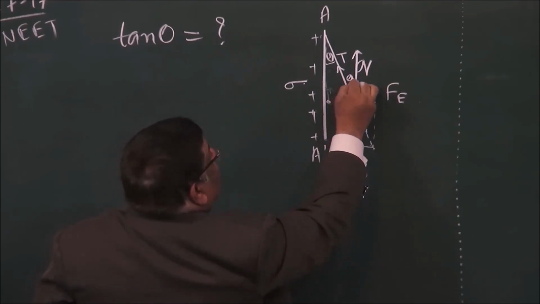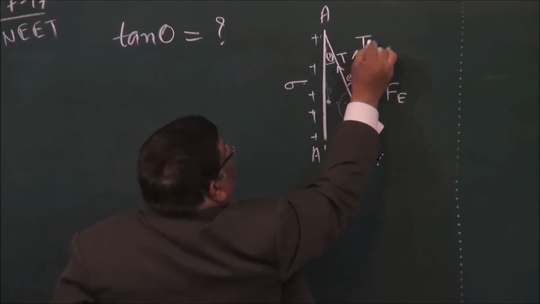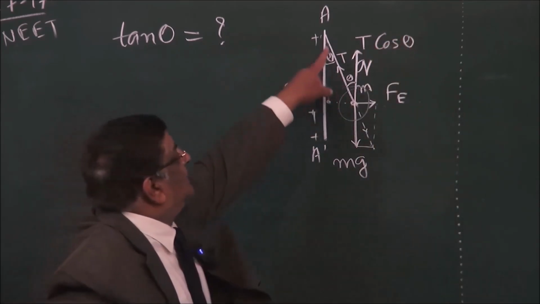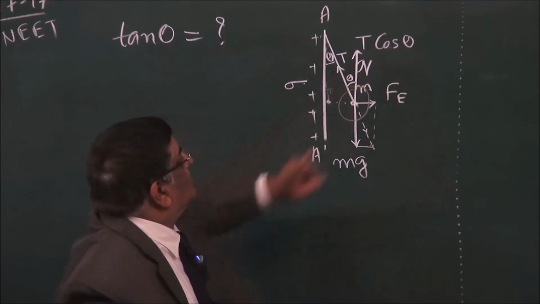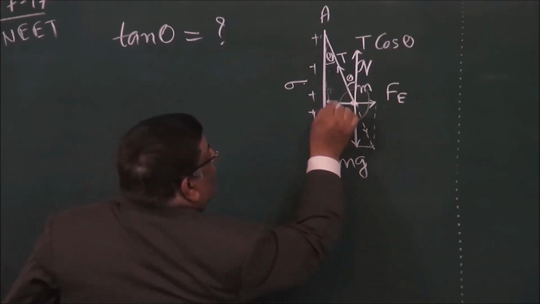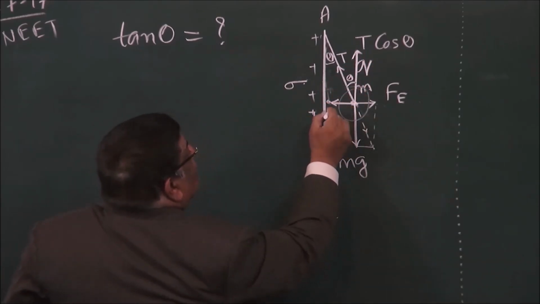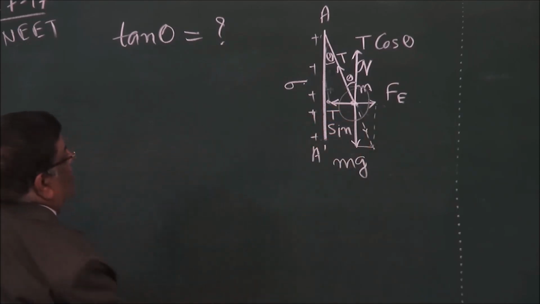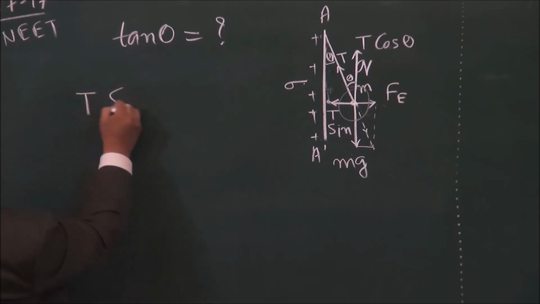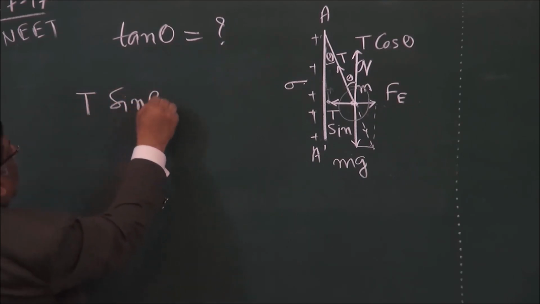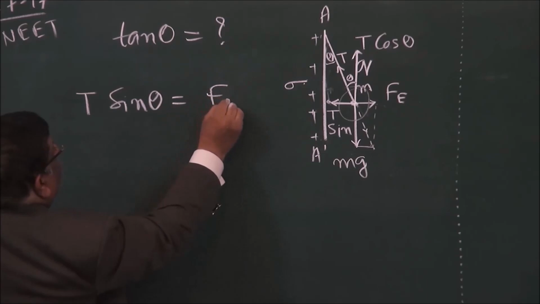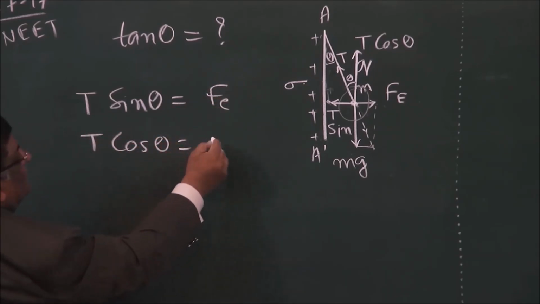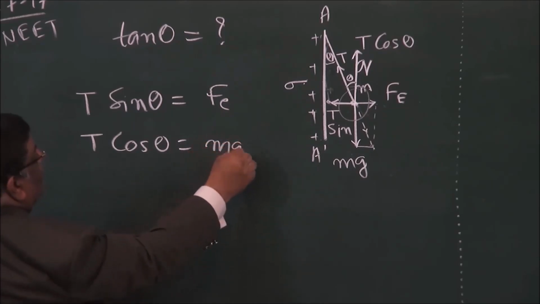So we have resolved this T. The vertical component is T cos theta, and the horizontal component is T sin theta. Now we have the equations: T sin theta is equal to the electrical force, and T cos theta is equal to the gravitational force, that is mg.